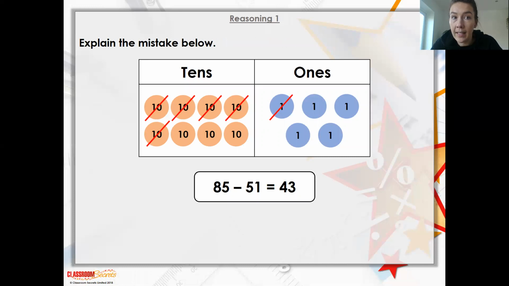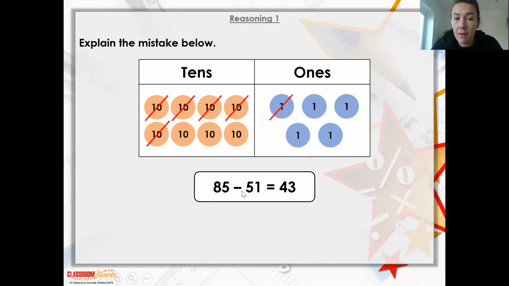Then we've got a bit of reasoning as well, where it's asking you to explain the mistake. Okie doke. So we've got to try and spot a mistake here. So the numbers are correct. So you've got 8 tens there. You've got your 5 ones, so that's right. And then you've got 10, 20, 30, 40, 50 crossed out, 51 crossed out. So that bit's fine. So it must be something to do with the answer.